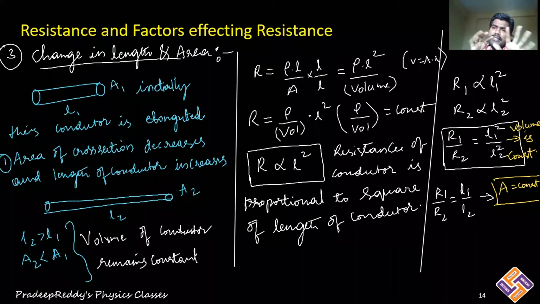In such a case, you can use the basic relations R1 by R2 is equal to L1 by L2 and R1 by R2 is equal to A2 by A1. You should solve that individually and find out the final resistance of the conductor. So if volume is not constant, then you will use one and two simultaneously. If volume is constant, we will use case 3.